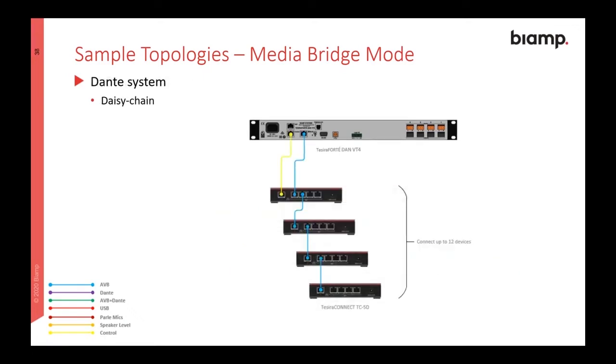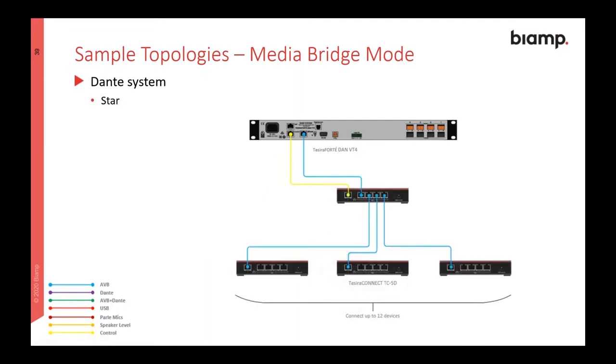And when you're dealing with the pure Dante system, where your DSP is a Dante device, of course, the control port now has to connect into the network. Unlike AVB, we cannot do control traffic over the Dante protocol. That's why we need separate connections of control and Dante back to the TesiraCONNECT network.